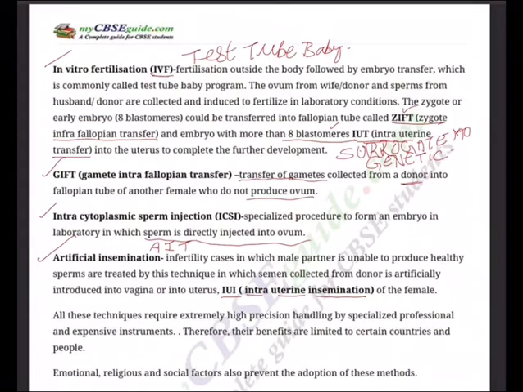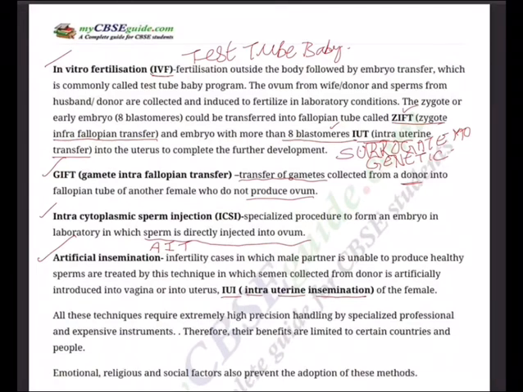And then all these techniques that we have listed: the test tube baby program, that is IVF, in vitro fertilization, gamete intrafallopian transfer, GIFT, and then ICSI, intracytoplasmic sperm injection.